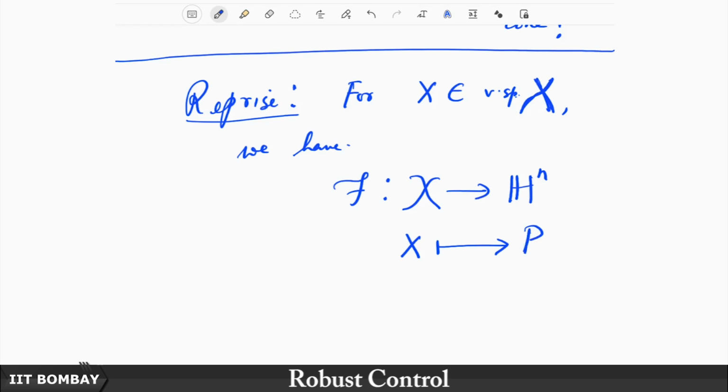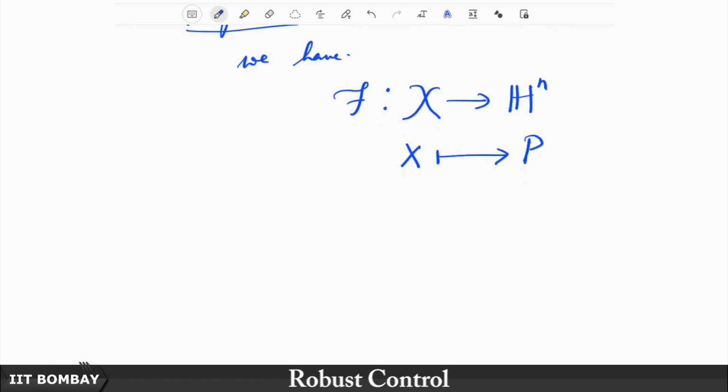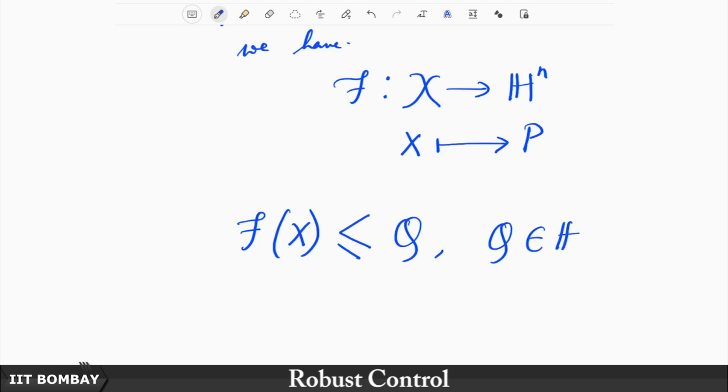And then we saw that LMIs appear in this form, that F of x is less than or equal to some Q, where Q also belongs to the set of Hermitian matrices.